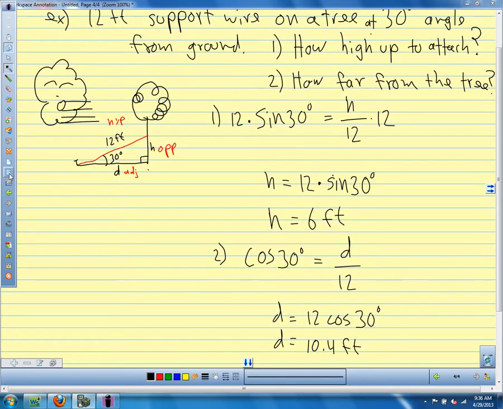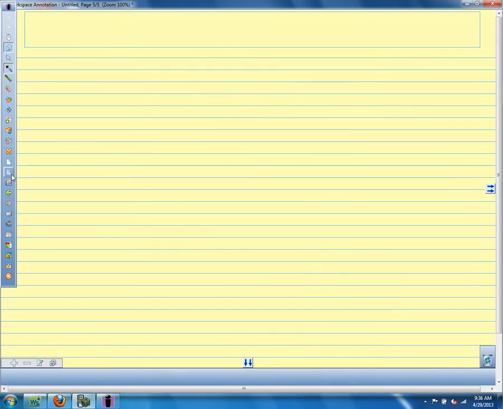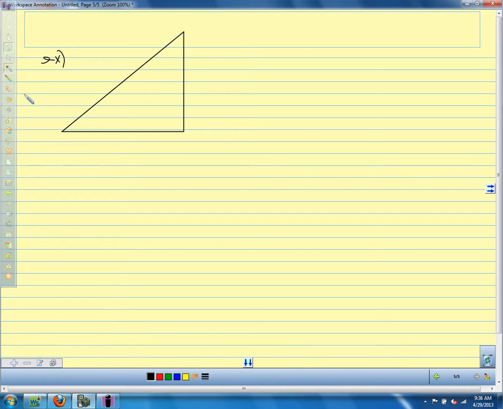All right, let's look at another example. Here's our triangle for this one. And for this, we want to find x. And this is a 90 degree angle. So let's label our triangle. Is x the opposite, the adjacent, or the hypotenuse?